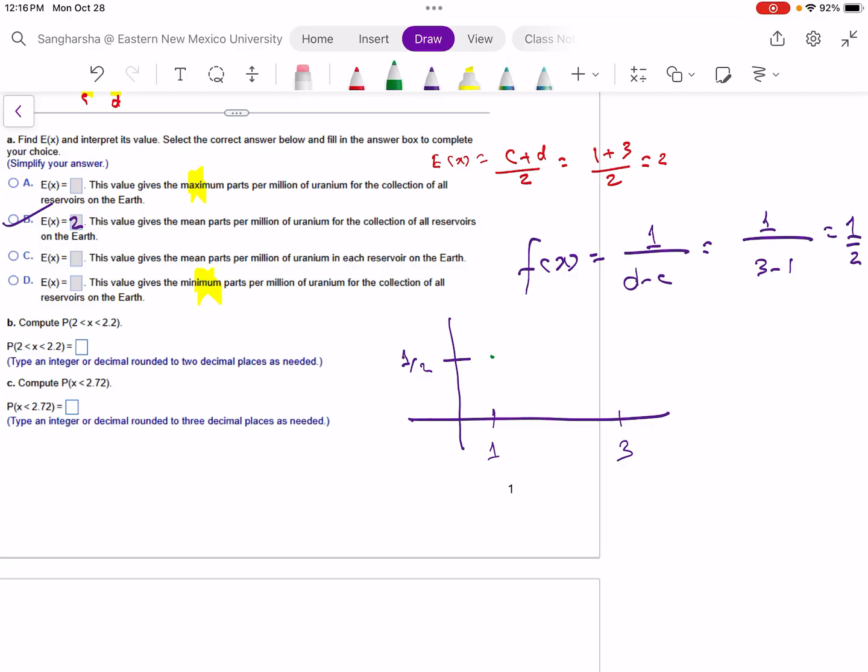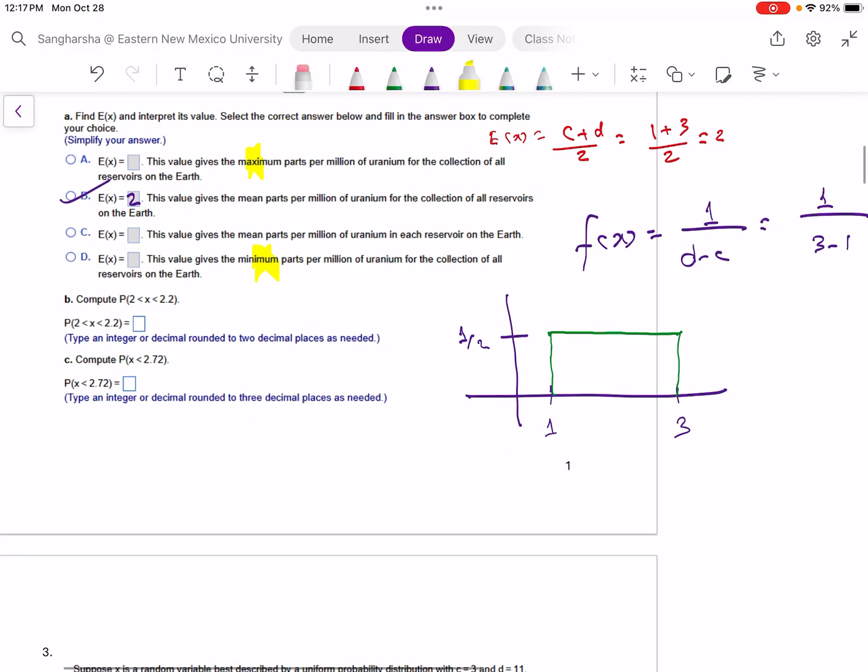So we have this horizontal line, okay? This is the function for this distribution, and we are asked to find the probability that x takes a value greater than 2 and less than or equal to 2.2. Now where is 2? Let's say this is 2 here, and this is 2.2.